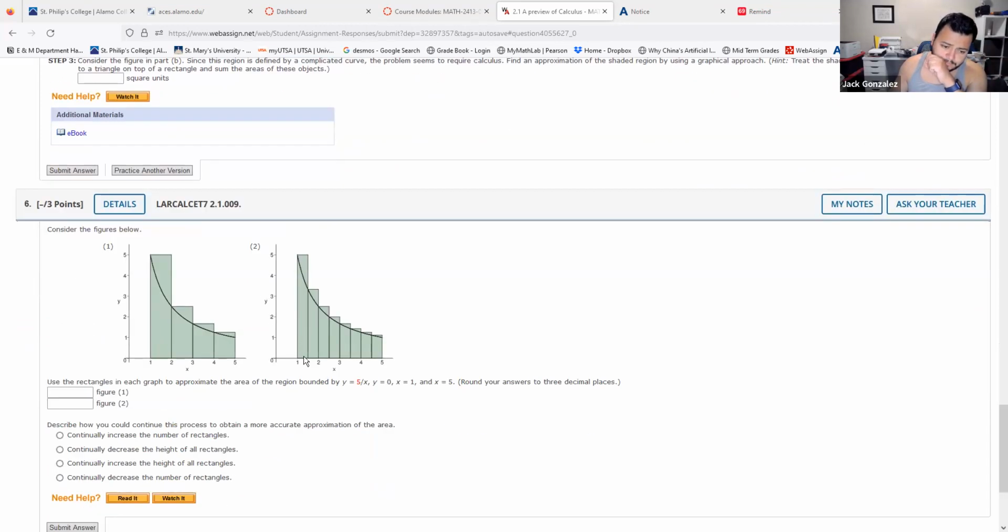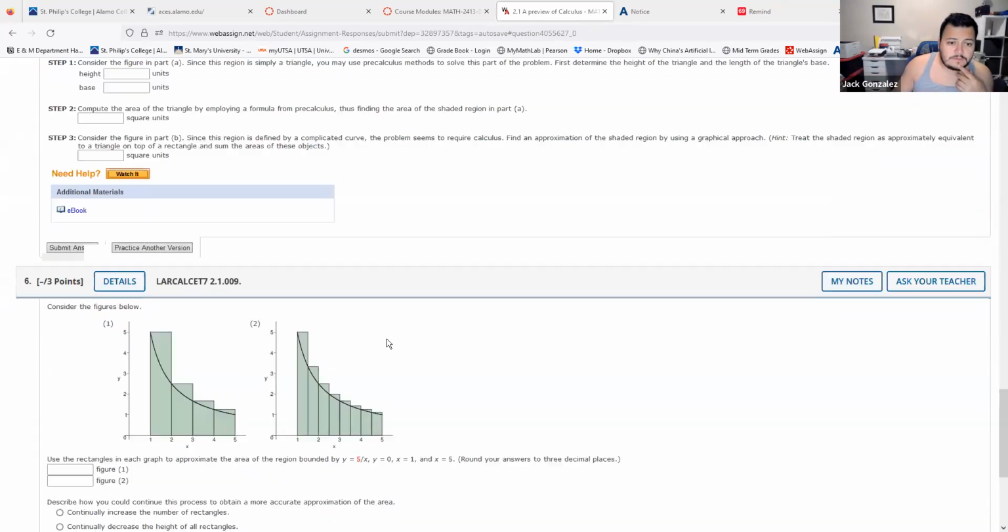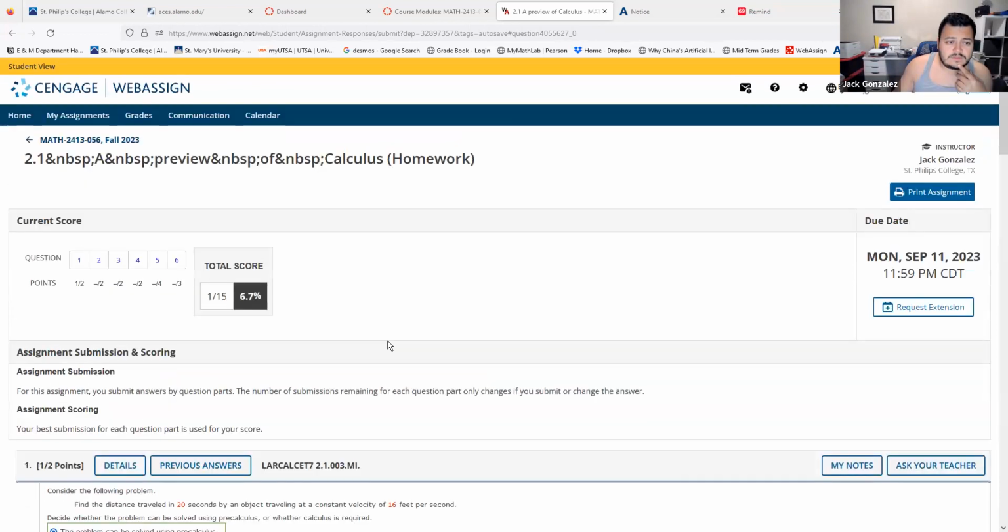If you picture the width of these rectangles becoming infinitely thin, infinitesimally, then it becomes smooth. So that's the whole idea of the integral, why we have to talk about limits, and why we introduce them at the beginning of calculus. So limits are required for these ideas, these theory questions. That's basically a preview of calculus.